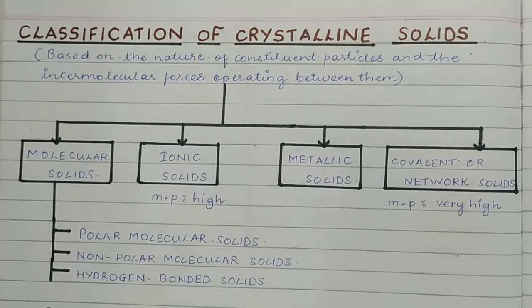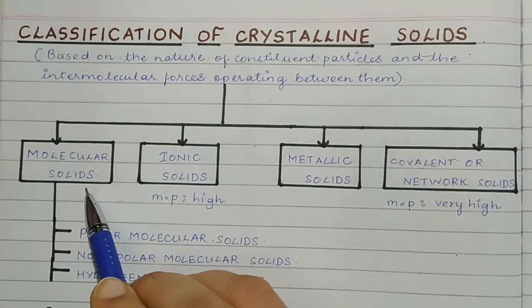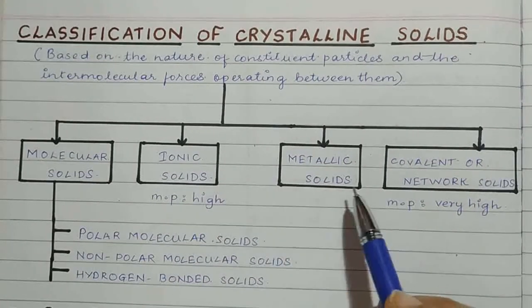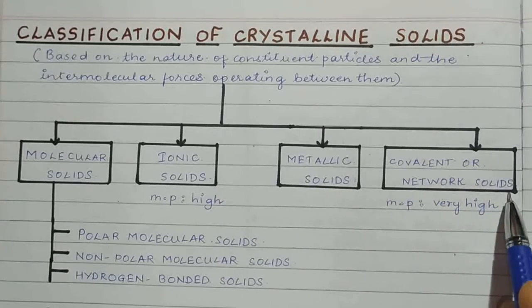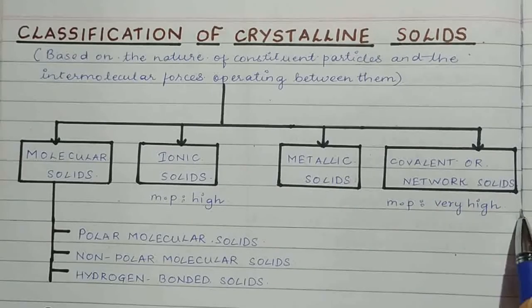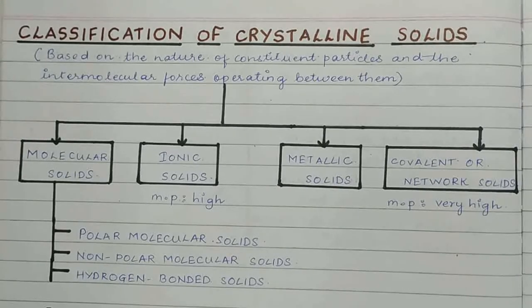Dipole-dipole interactions you have studied, Van der Waals forces, London dispersion forces, and hydrogen bonding, etc. Based on what type of intermolecular force exists between them, they are classified into molecular solids, ionic solids, metallic solids, and covalent or network solids, also called covalent network solids. So these are the four classes of crystalline solids.